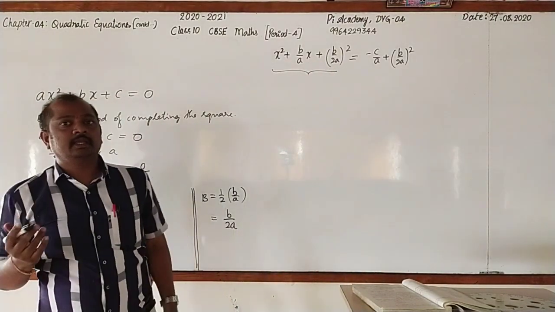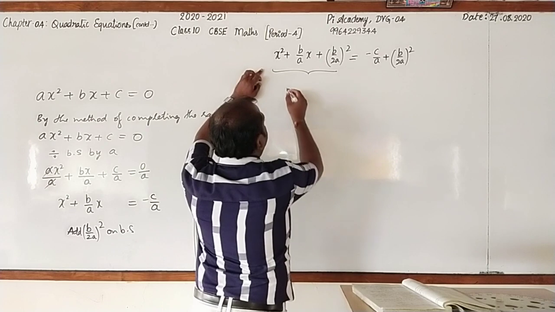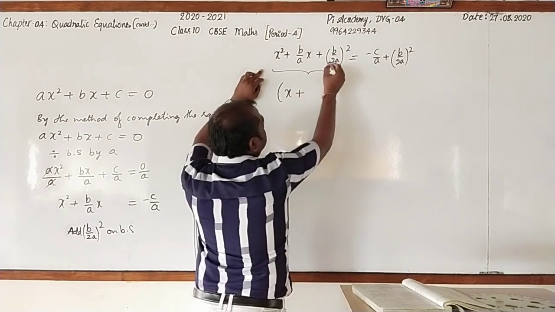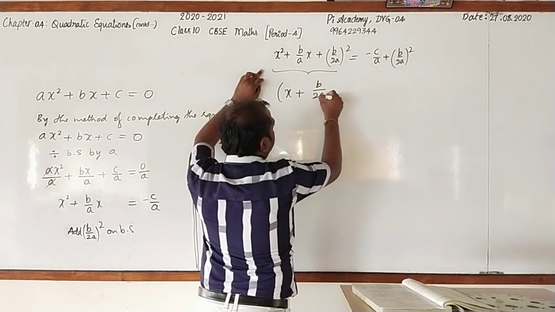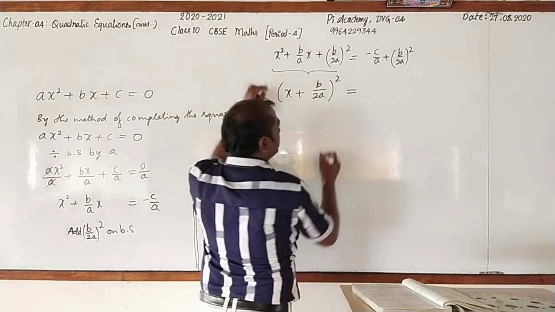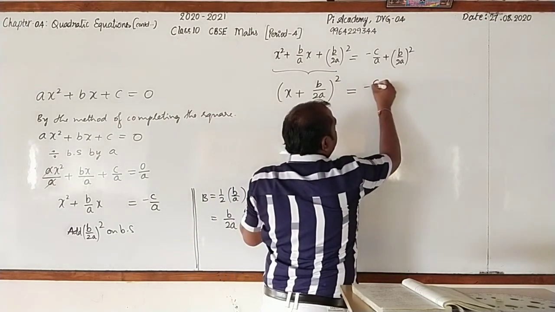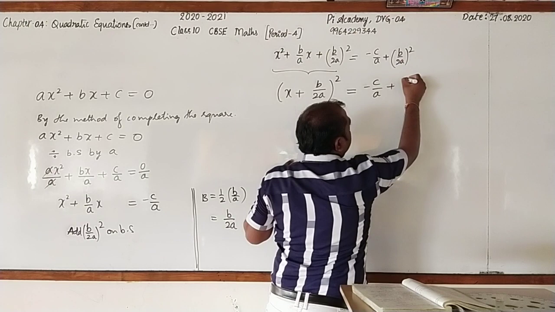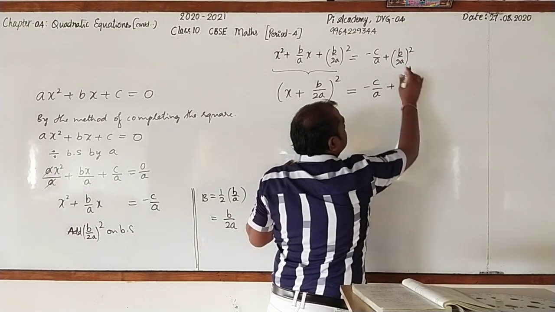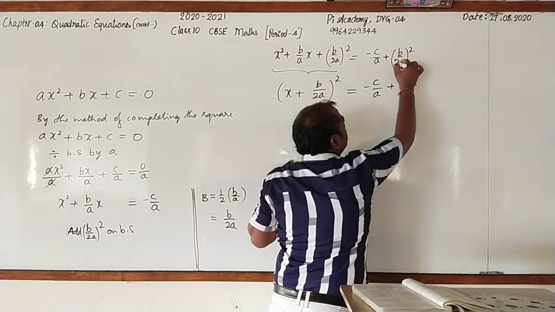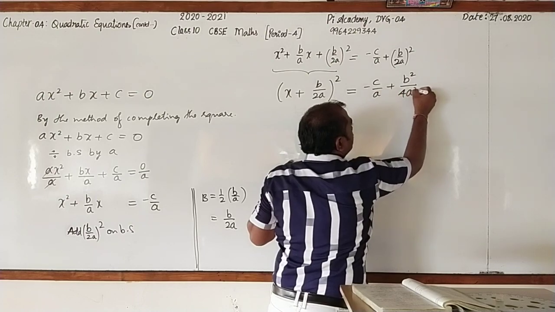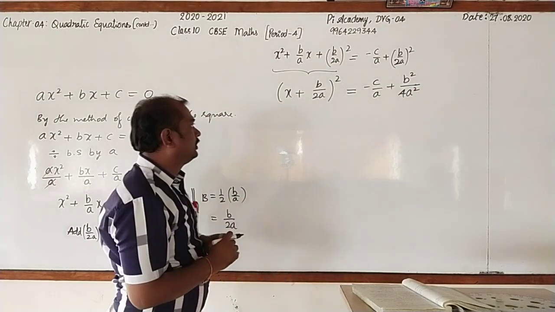It can be written as a plus b whole square. How do you write? A is x, b is b by 2a, whole square. It's equal to, now this is minus c by a plus b whole square is b square, this is 2a whole square, it is 4a square. Right?